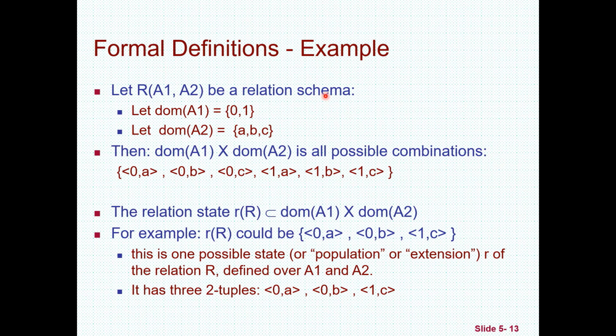That means we have two attributes in this relation R, and let the domain of A1 include 0 and 1, and the domain of A2 include A, B and C. Then the domain of A1 Cartesian product with the domain of A2 gives all possible combinations: 0 and A, 0 and B, 0 and C, again 1 and A, 1 and B, 1 and C. So for these two attributes, the possible combinations are 2 times 3.